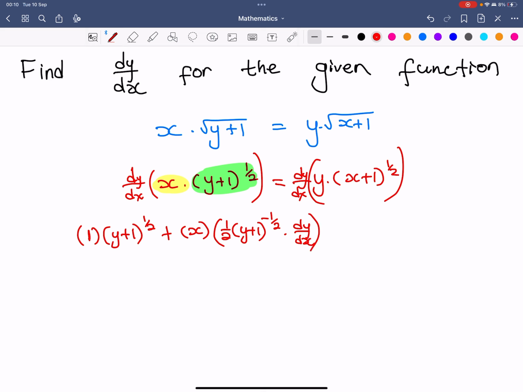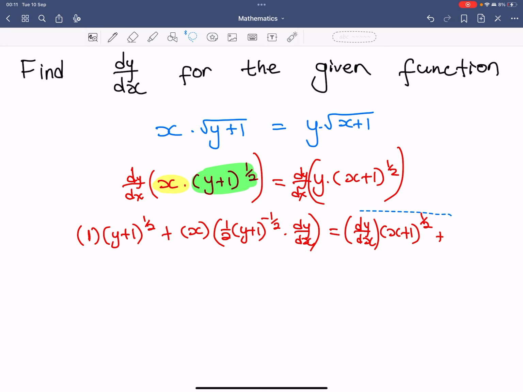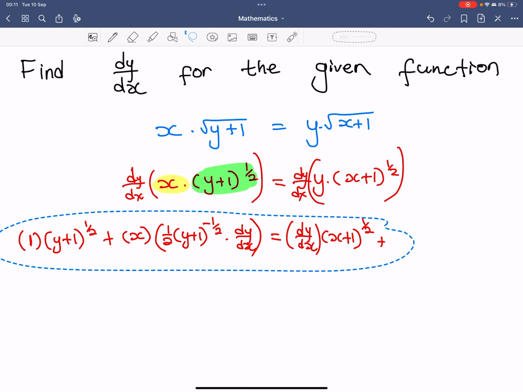So that's the derivative of that first part. Then this is equal to, we're going to also apply the product rule on this side. What is the derivative of y, guys? It's dy over dx, and then (x plus 1) to the power 1 over 2 remains the same, plus, I'm going to push everything to this side.